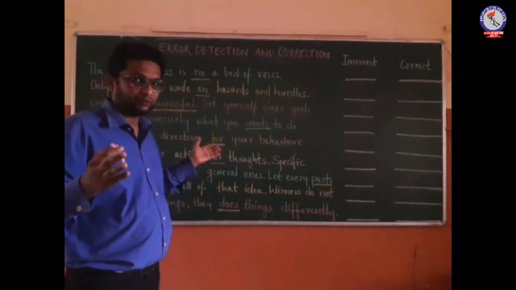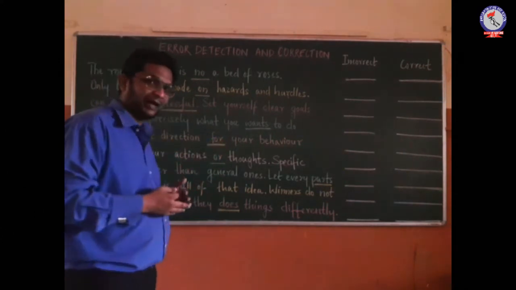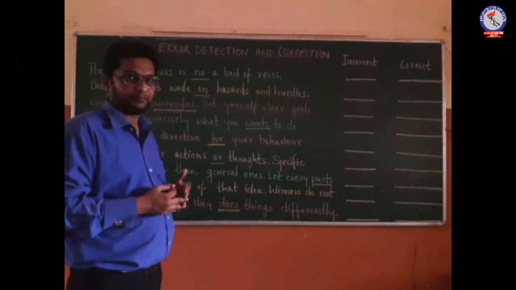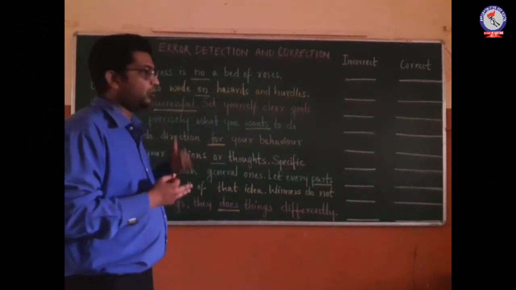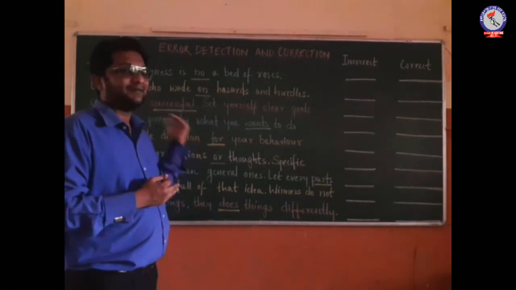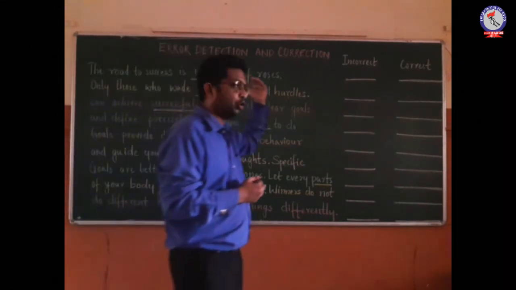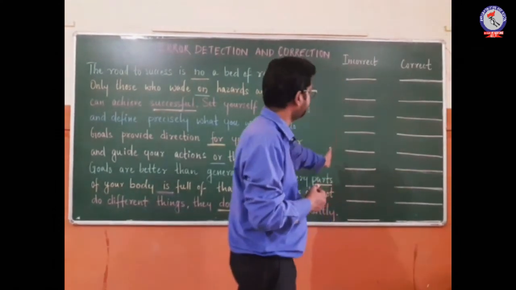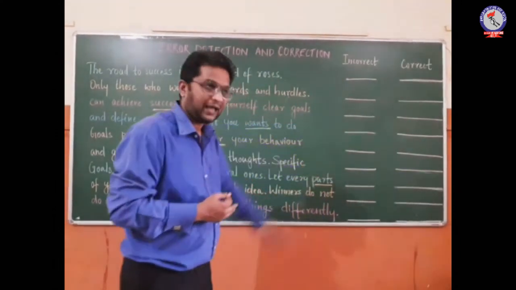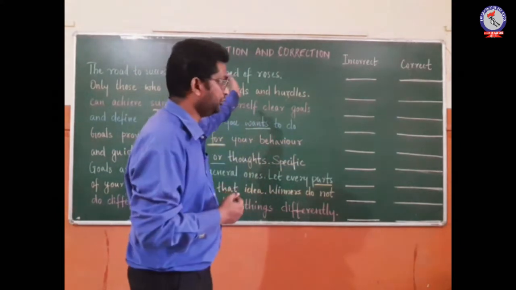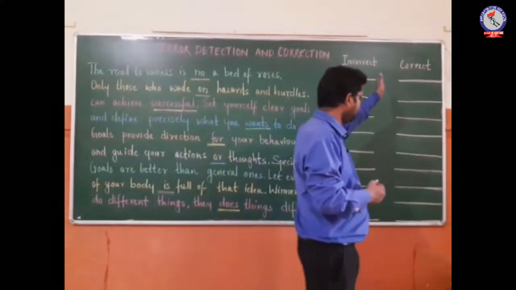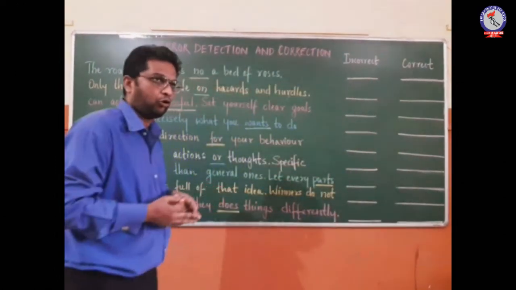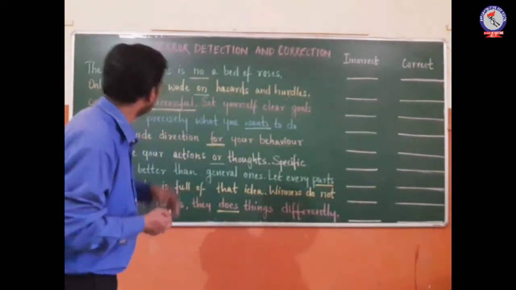So what we have to do is identify, detect that error, and then write that incorrect word in the space for the incorrect word and the correct word in the space given for the correct word. So let's do the exercise.